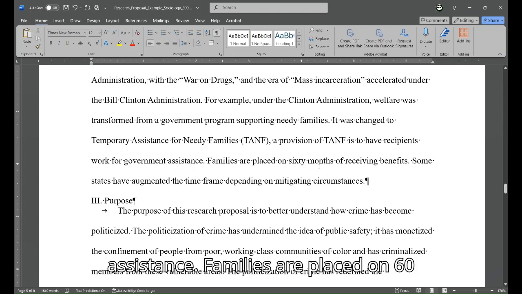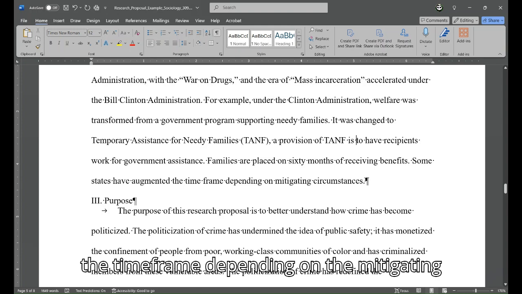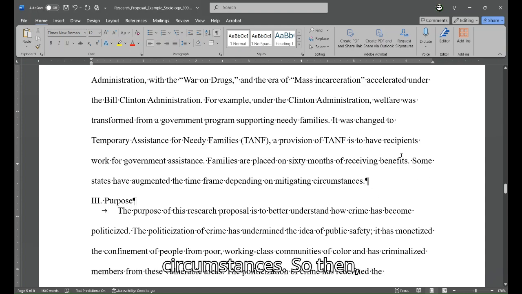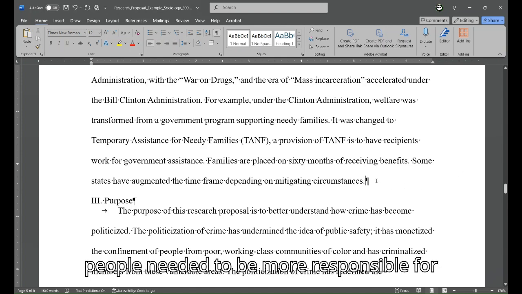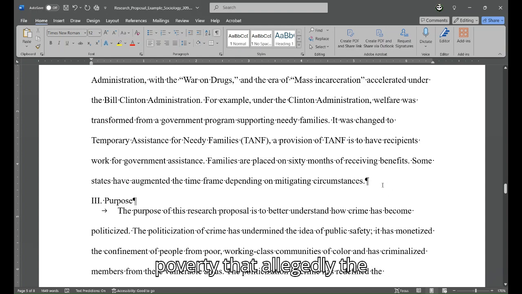Families are placed on 60 months, or 5 years, of receiving benefits, and some states have augmented the time frame depending on the mitigating circumstances. So this was a specific moment in U.S. history in terms of politics, crime, and welfare, that people needed to be more responsible for themselves and try to break the cycle of poverty that allegedly the welfare program instilled, right?